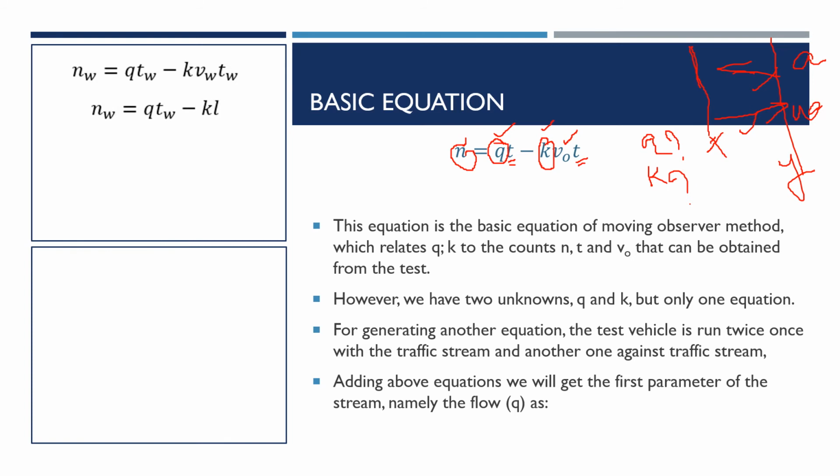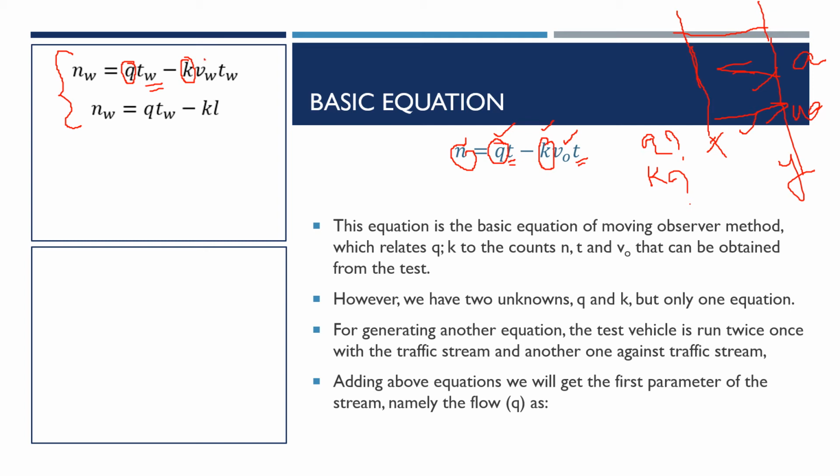So along with the flow, when we rewrite it, NW is equal to Q TW minus K VW TW. So Q and K are for the stream, so never think that you can write them with respect to the direction. Whereas the travel time, the time taken for covering x to y and y to x, will vary because it depends on the speed of the test vehicle.